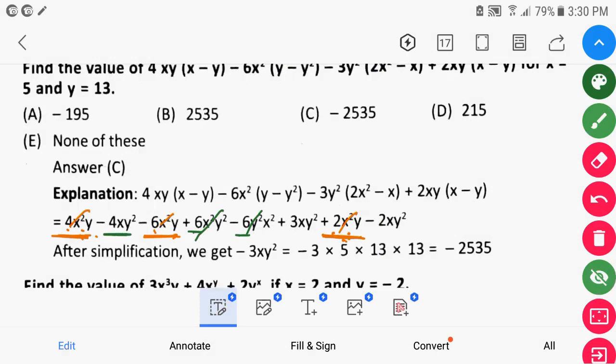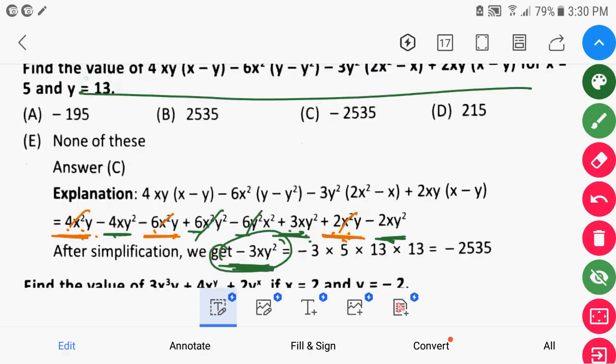Now see, minus 4xy square minus 2xy square become minus 6xy square, and this is plus 3xy square. So minus 6 plus 3 becomes minus 3xy square, which is the simplest form of this whole big equation.